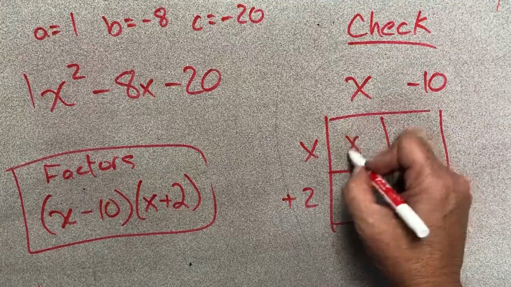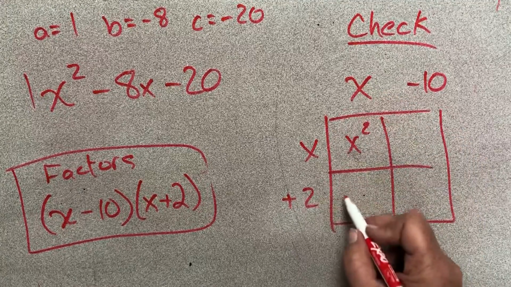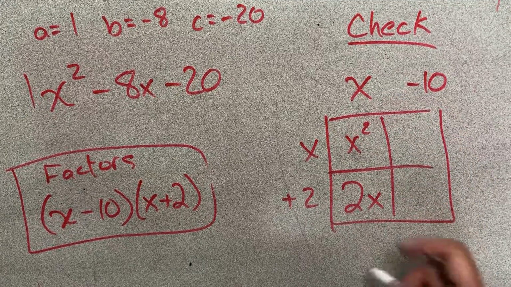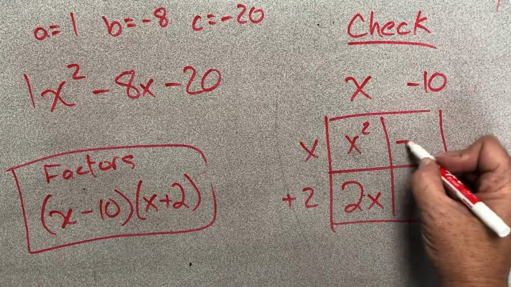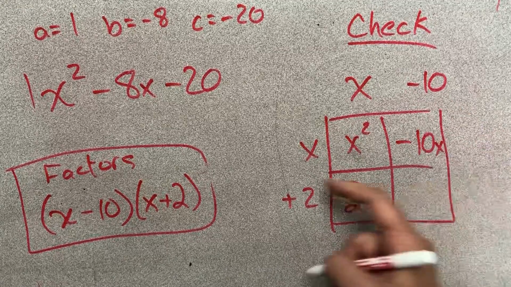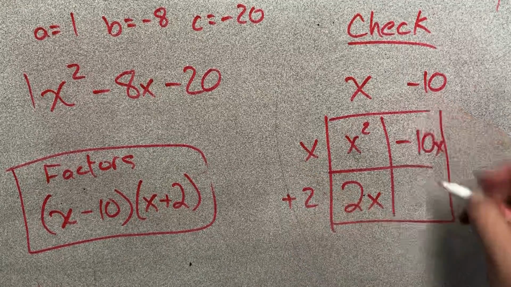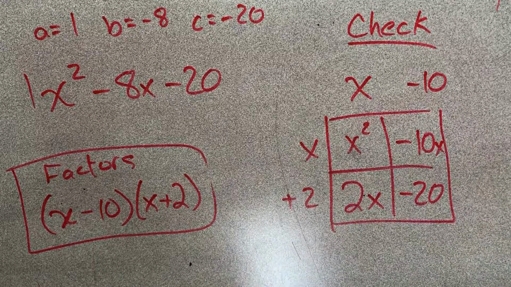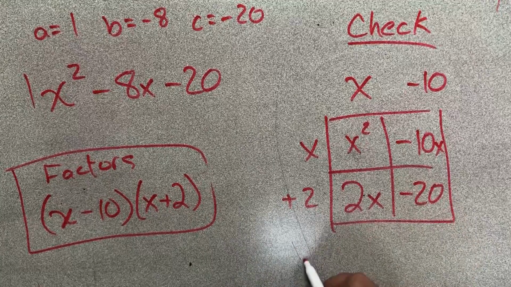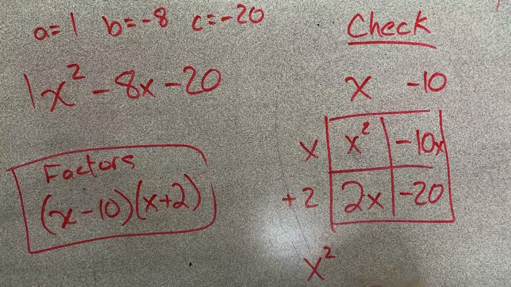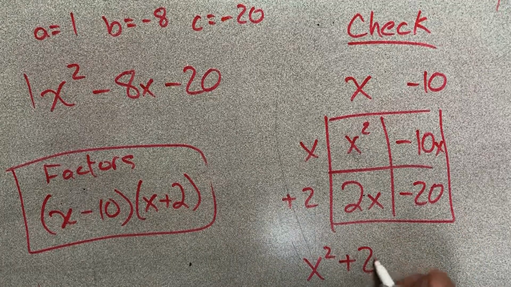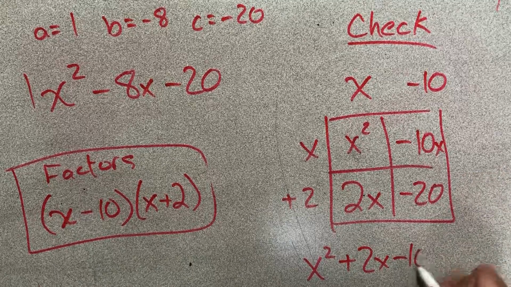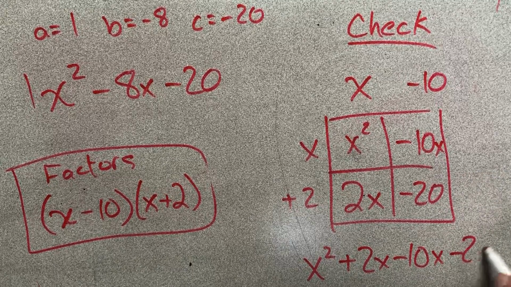x times x is x squared. x times 2, 2x. x times negative 10, negative 10x. 2 times negative 10 is negative 20. Take everything out of the box. x squared plus 2x minus 10x minus 20.